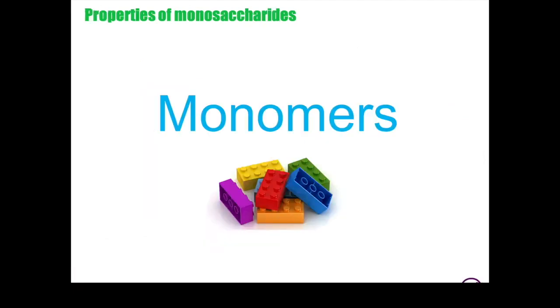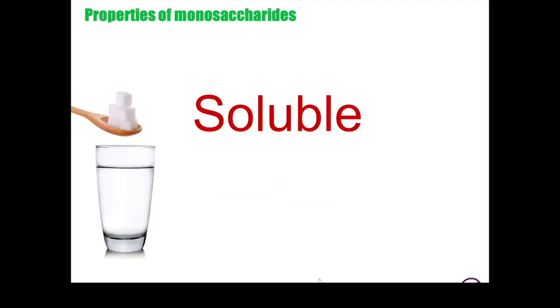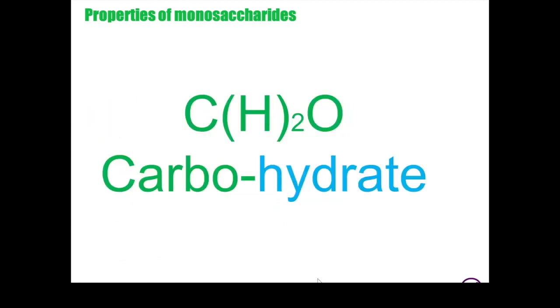So let's start with monosaccharides. Monosaccharides are like the building blocks, the monomers of all other carbohydrates. They are usually soluble, and they have this specific empirical or general formula, which is CH2O. So a carbohydrate is a monosaccharide when it has this specific formula.